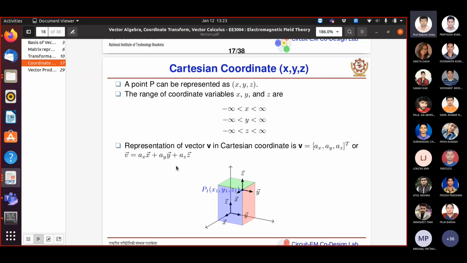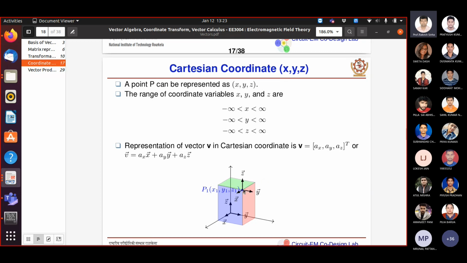Please note, for example, consider this point. Here you have a vector. It is not necessarily the case that the vector should point in the radial direction; the vector may point in any direction, so it can be represented as a linear combination.